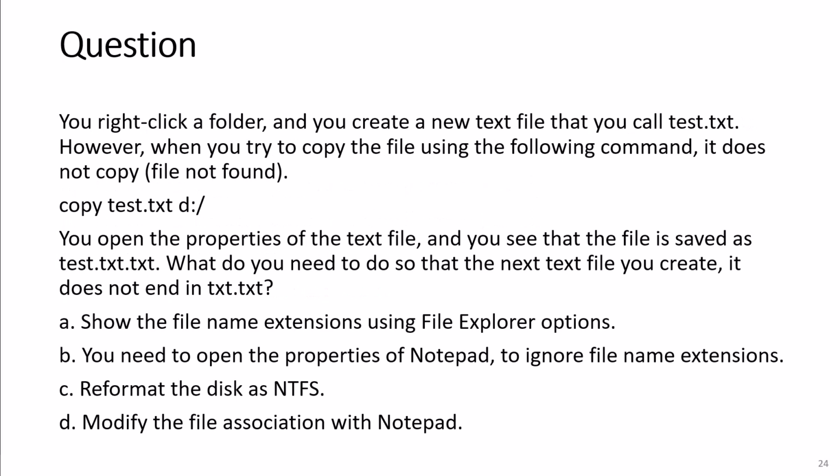Question. You right-click a folder and you create a new text file that you call test.txt. However, when you try to copy the file using the following command, it does not copy: file not found. Copy test.txt :\. You open the properties of the text file and you see that the file is saved as test.txt.txt.